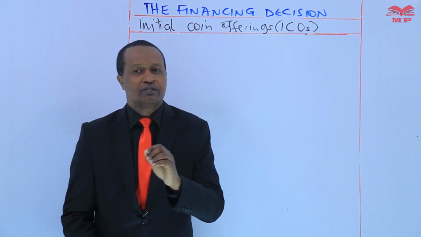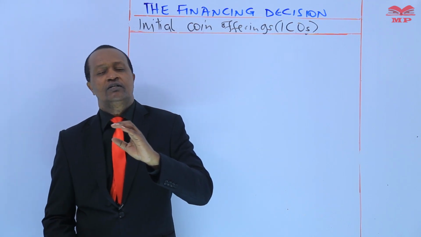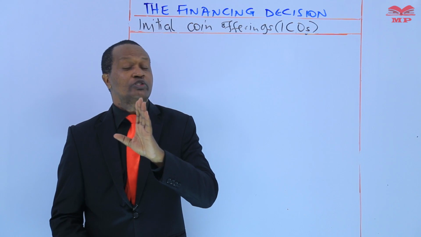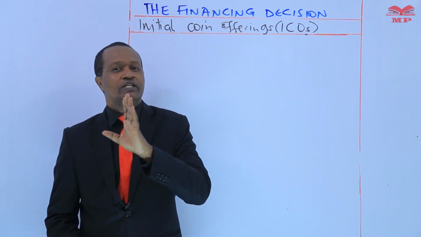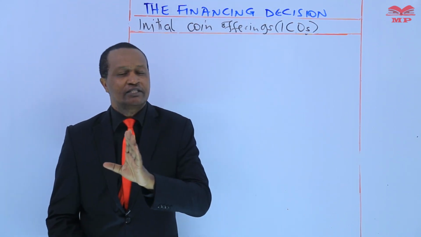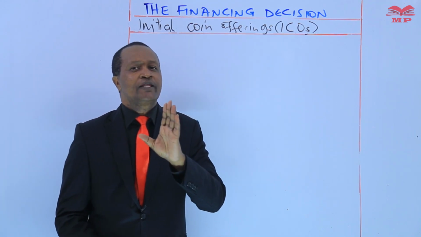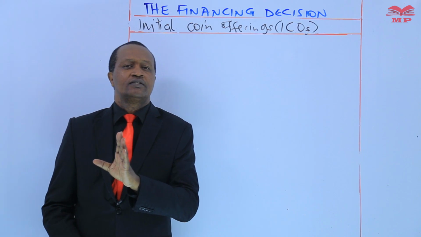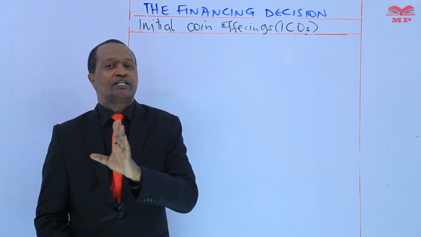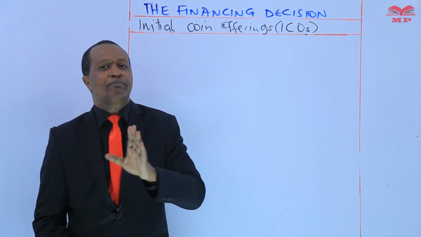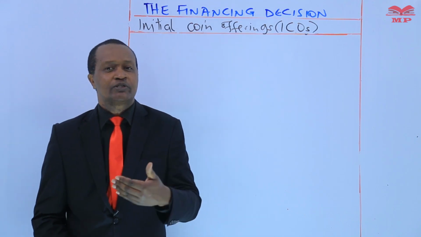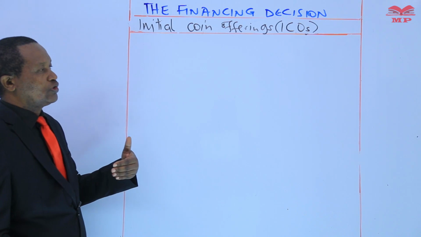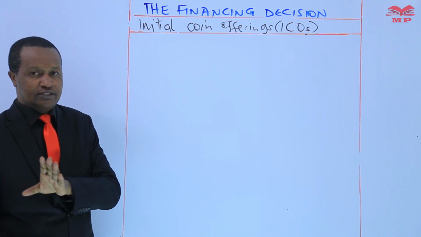In our last chapter, we will look at that technology, the blockchain technology. So the ICOs are based on blockchain technology. And ICOs have gained popularity as a means of raising capital in the cryptocurrency and blockchain space.